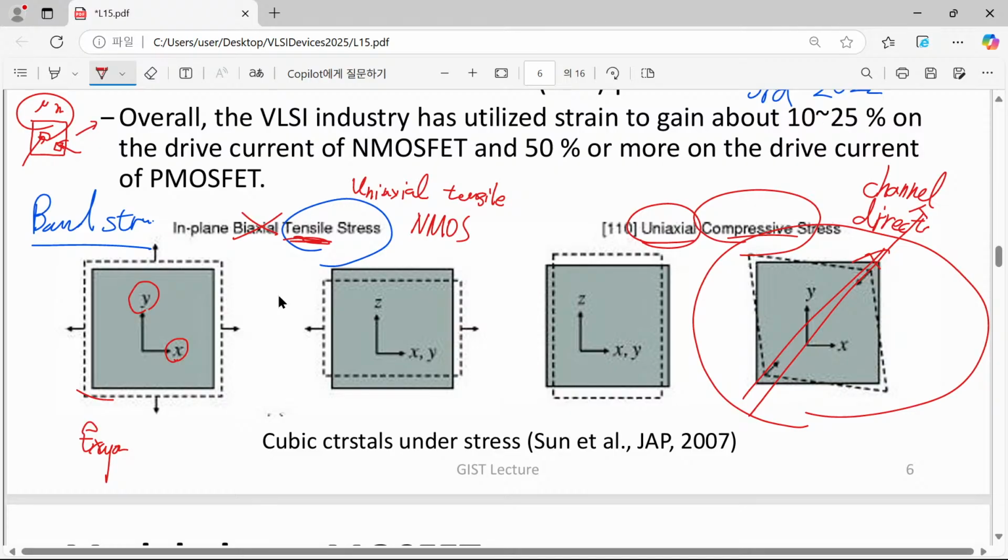Overall, the VLSI industry has utilized strain to gain about 10 or 20% NMOSFET performance and 50% or even higher for PMOSFET performance. This means that after introduction of this stress engineering, although the NMOSFET's performance has been boosted a little bit, it is more important to get a quite high boost in PMOSFET performance.